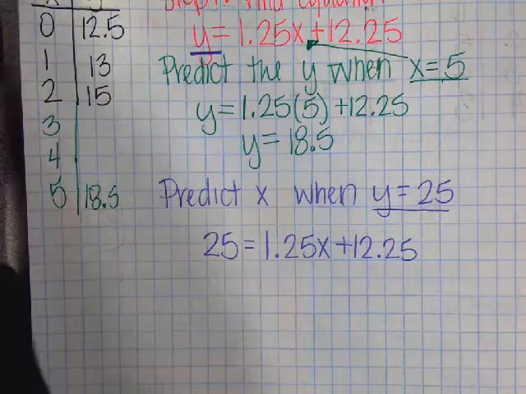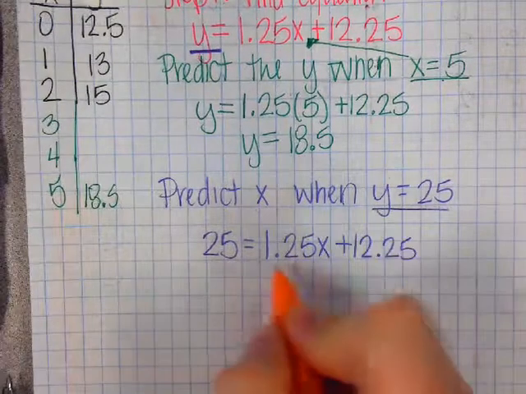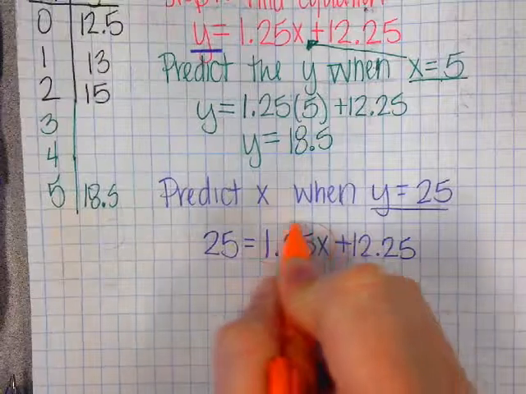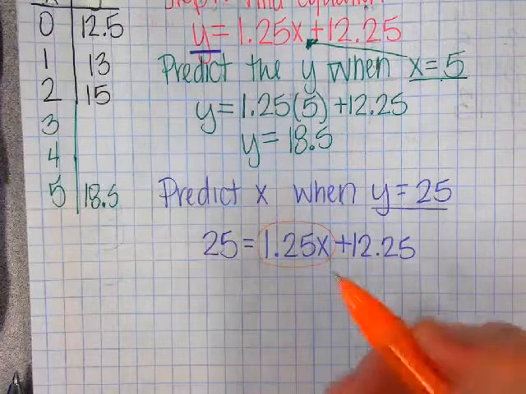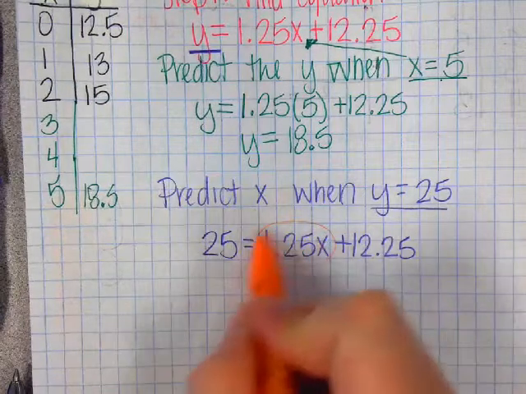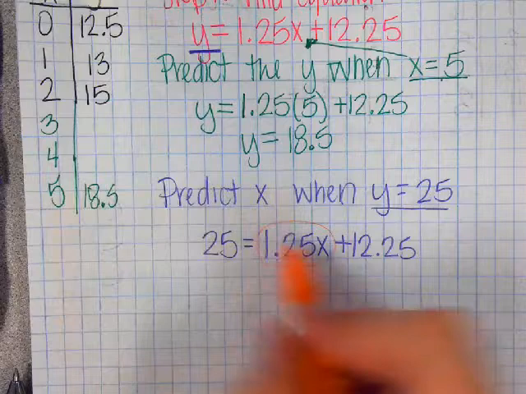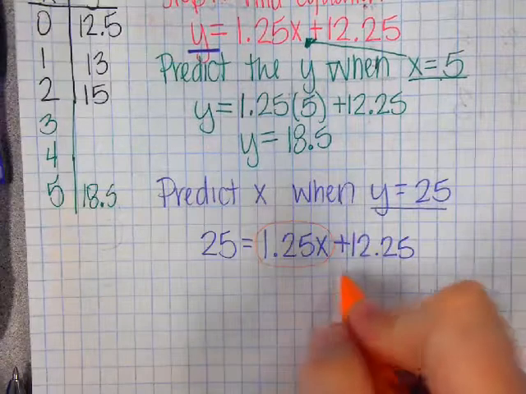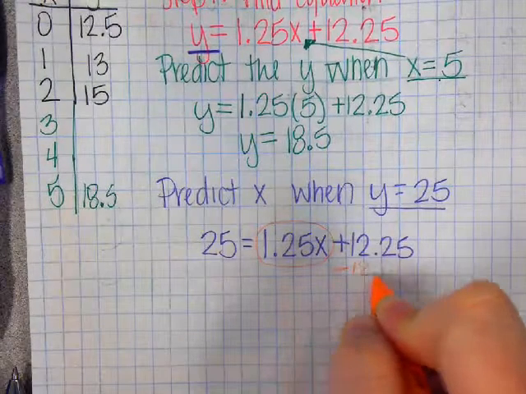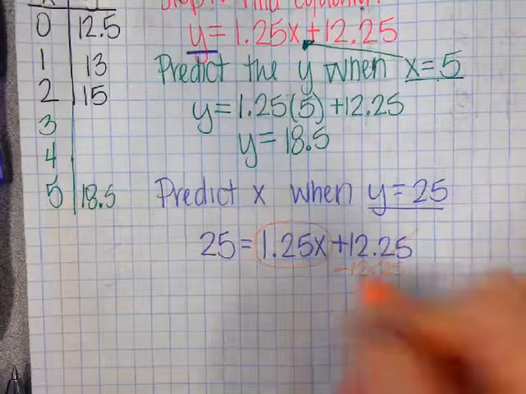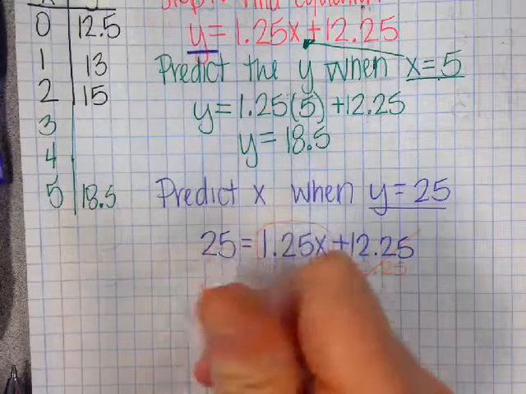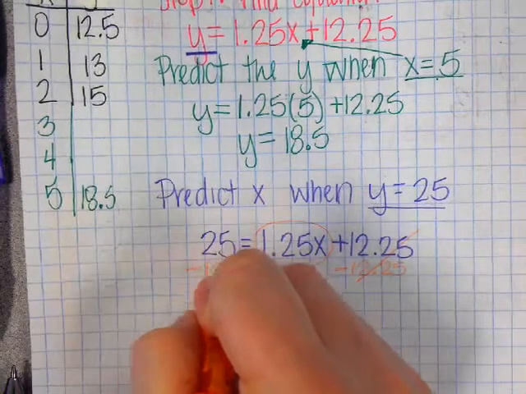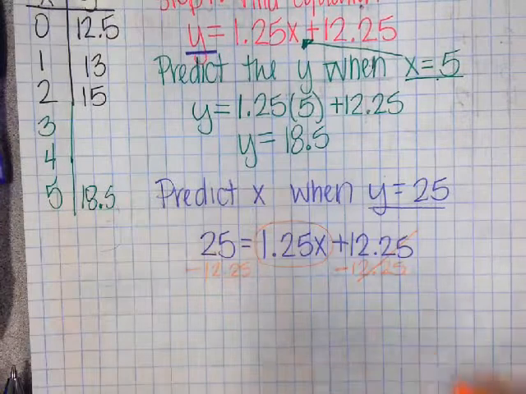Okay? Now, this is not just typing it in your calculator. You have to actually solve to find the x value. We're trying to find x, so I need to isolate the variable. What's the opposite of add 12.25? Subtract, and subtract over here. Goodness, my pencils keep breaking.